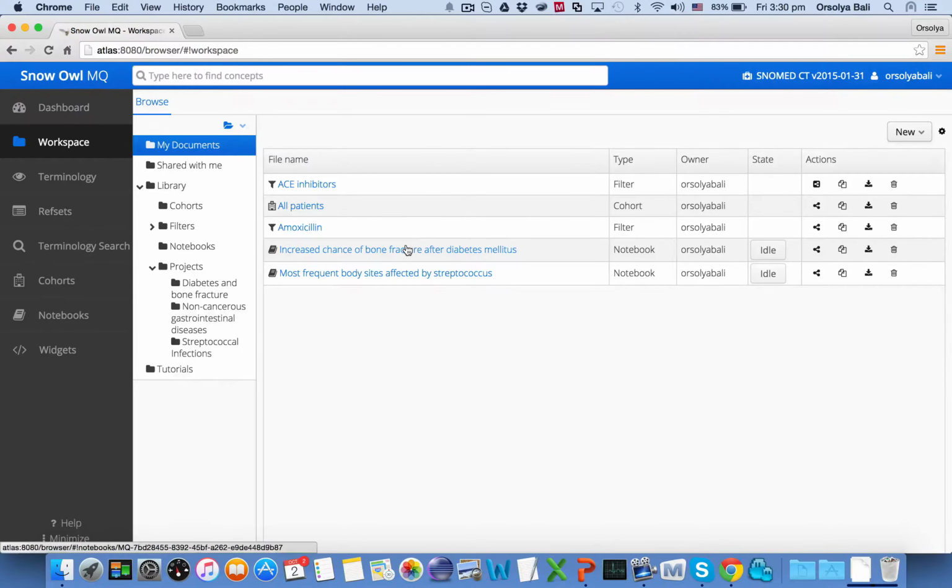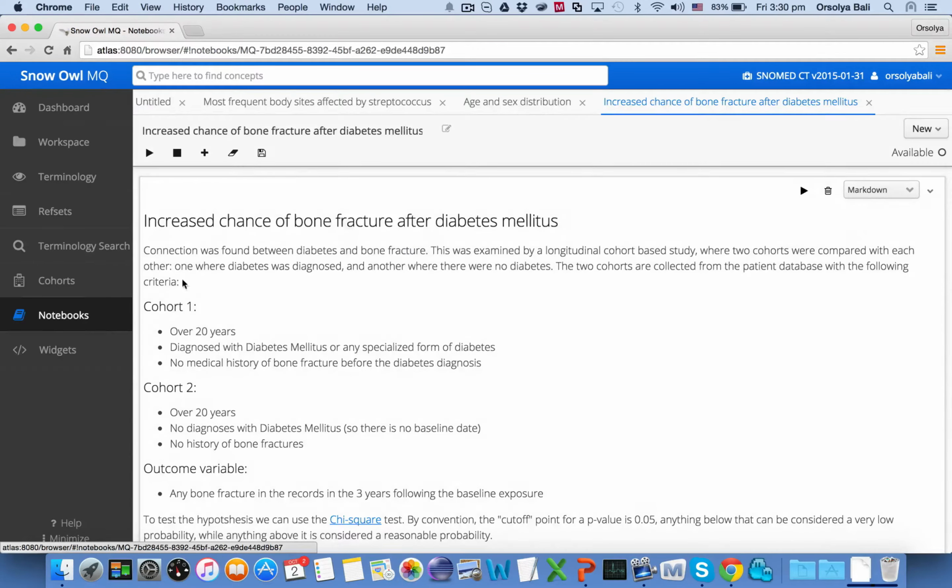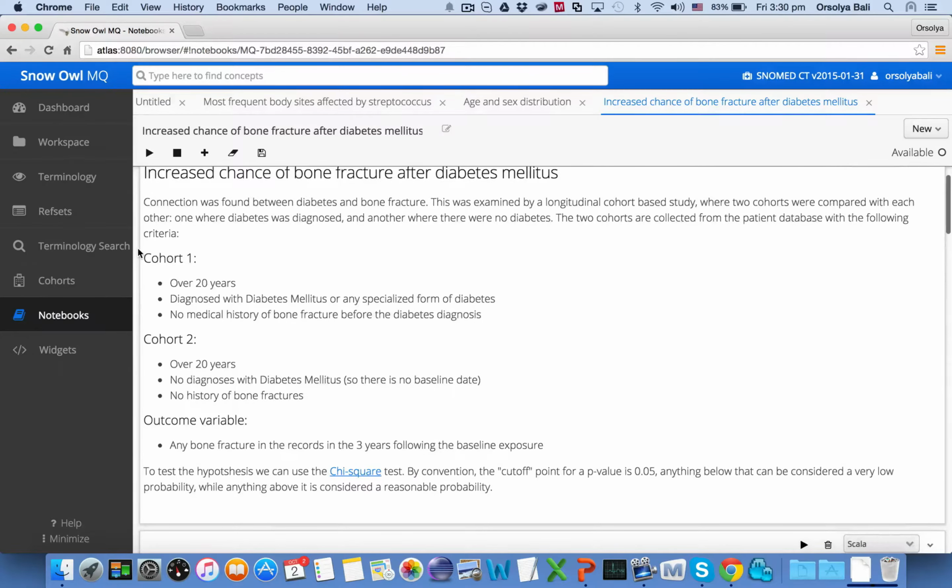For example, I have a notebook here which does the following. We have two patient groups here. One has diabetes and the other doesn't have diabetes. To select these patients, we created a SNOMED CT query that returns all the concepts that describe some form of diabetes, and we applied that concept set on the patient records.